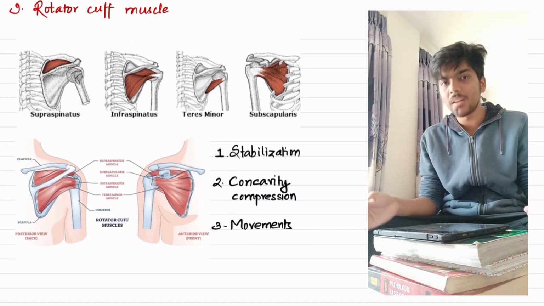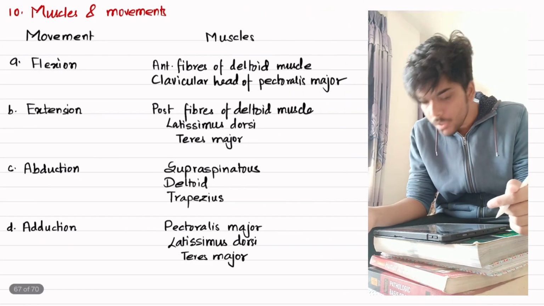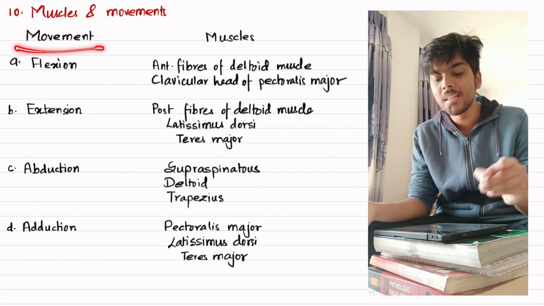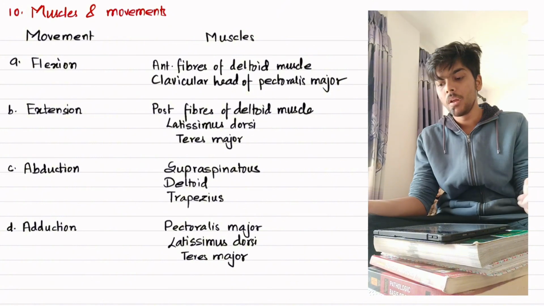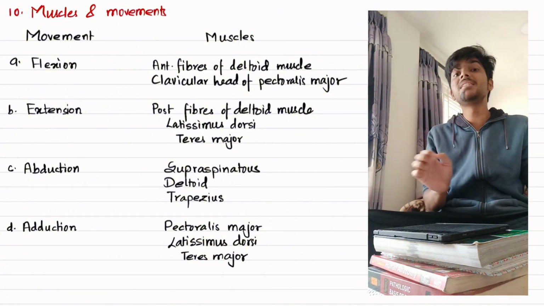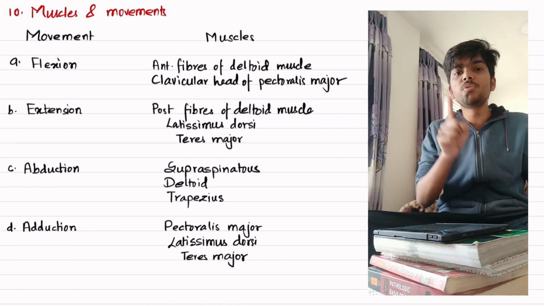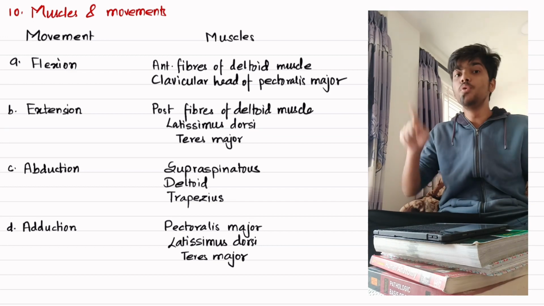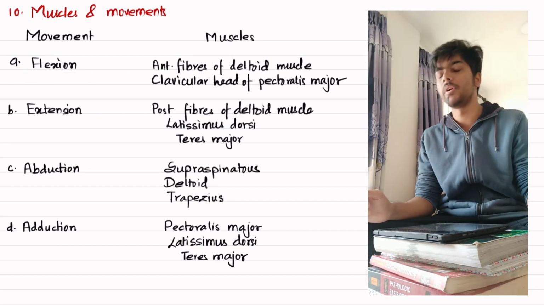Third are the various movements that are brought about by these muscles. So here are the various movements and the muscles responsible for bringing about those movements. Here's the thing. To understand the muscles that are responsible for a certain type of movement, the best way possible is to do that movement on your own. For example, the flexion of the shoulder joint.